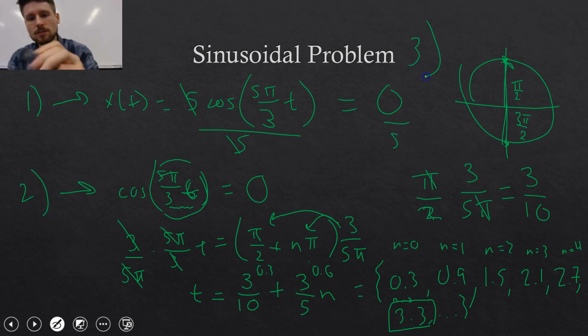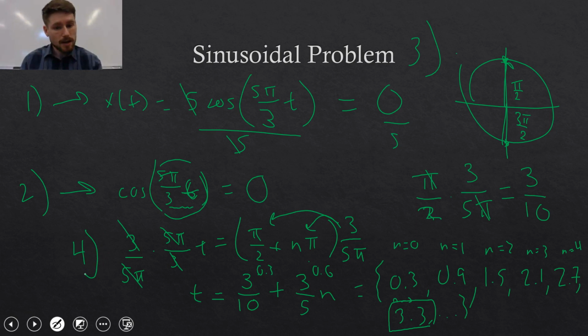We went to the unit circle to think about all the inputs where the cosine is 0, that was step 3. We found that those times were pi over 2 plus a multiple of pi, and then we set that equal to the inside and solved for t. That gave us a set of answers that we just had to figure out which was the one we wanted. So that was the whole process of solving it algebraically.